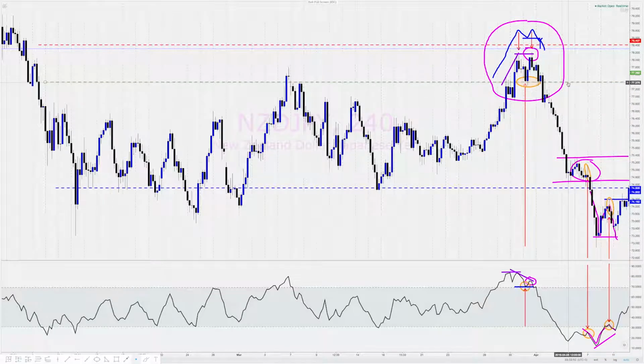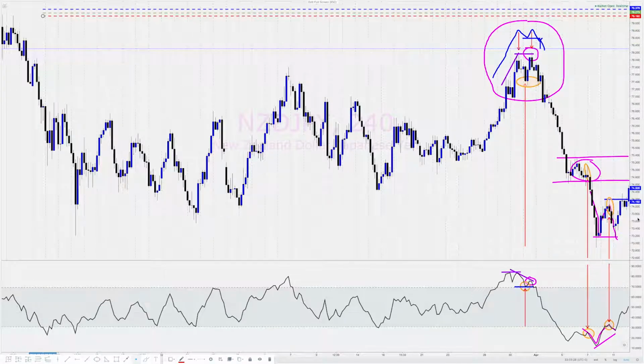You could have exited the trade here for 420 pips. So anywhere between 288 to about 420 pips on that H4 divergence trade.